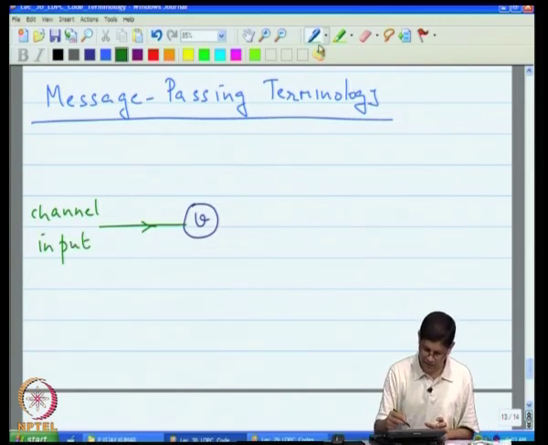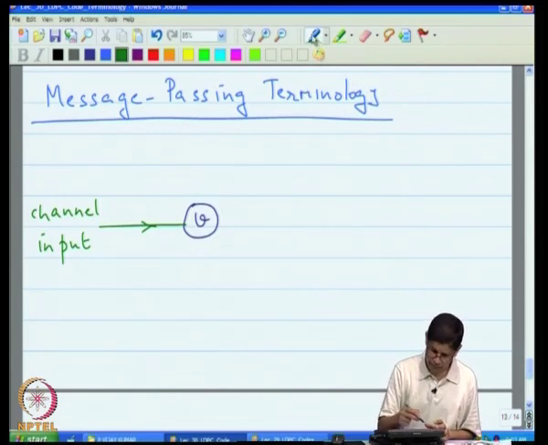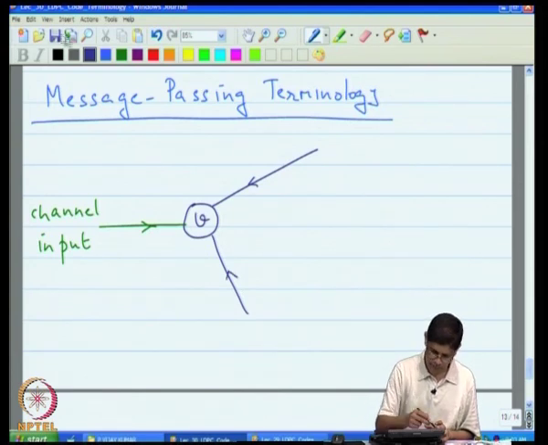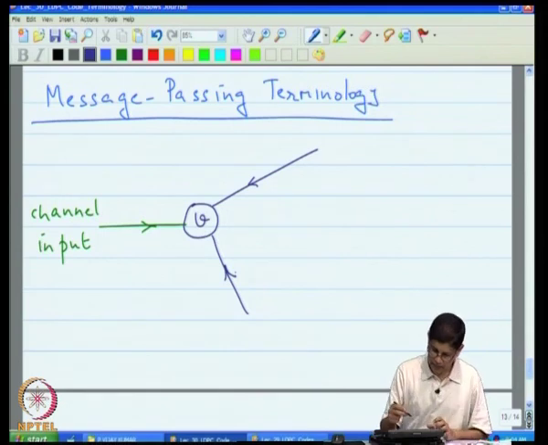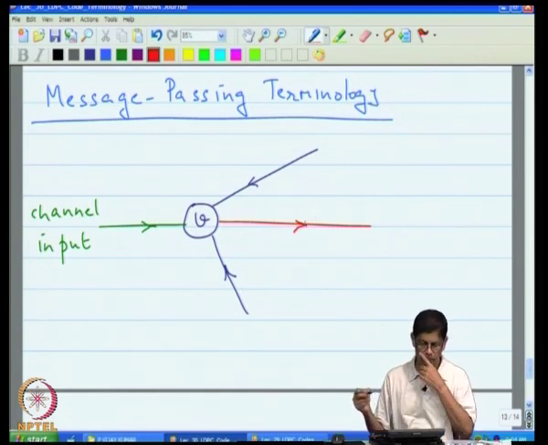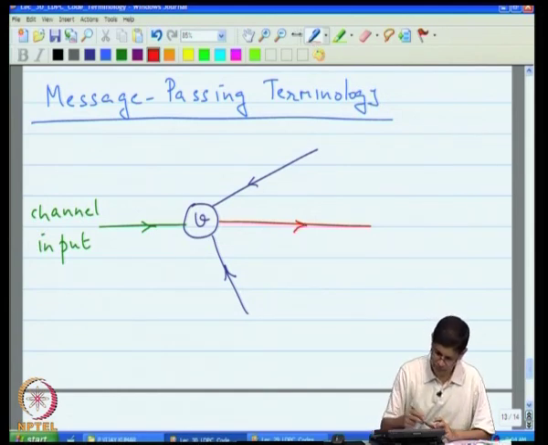So, we will make a note of that. And then on the other hand, it also receives input from the check nodes. And what it does is that it sends back a message to the parity nodes.